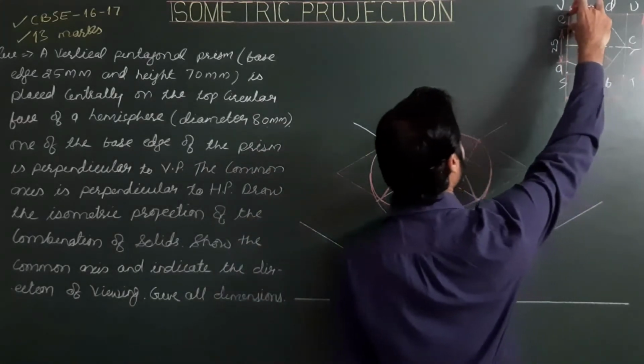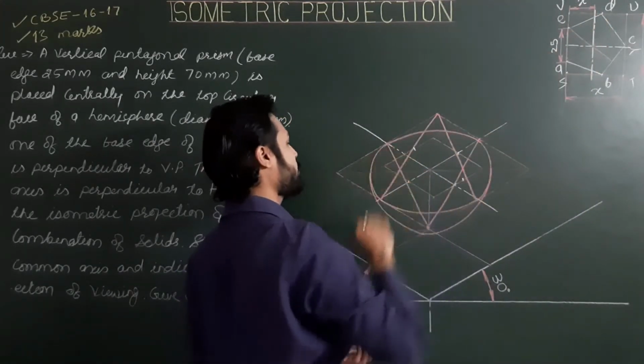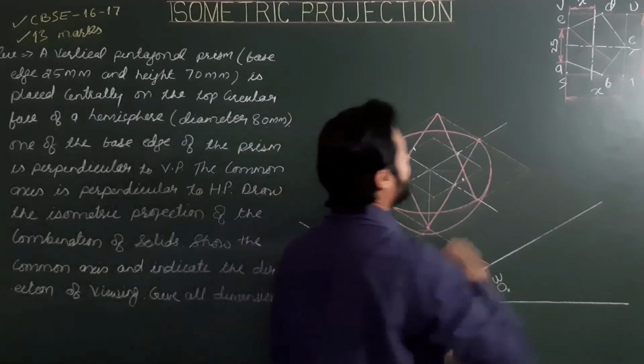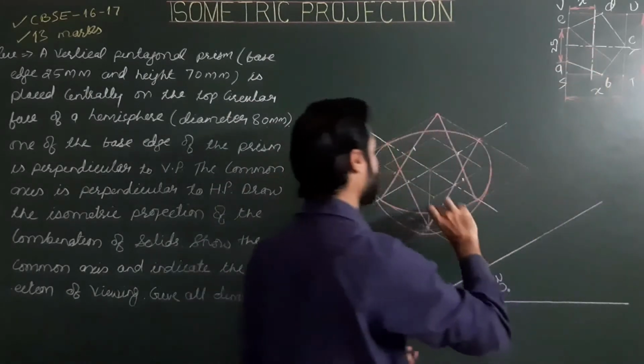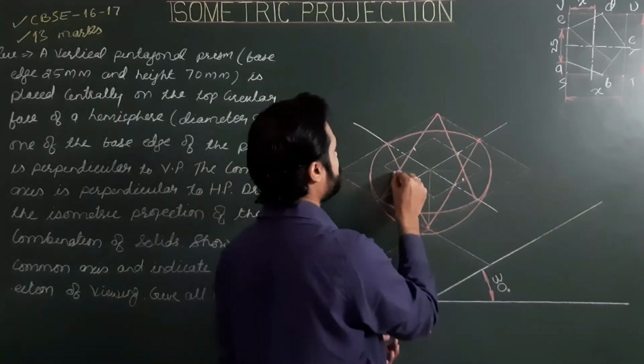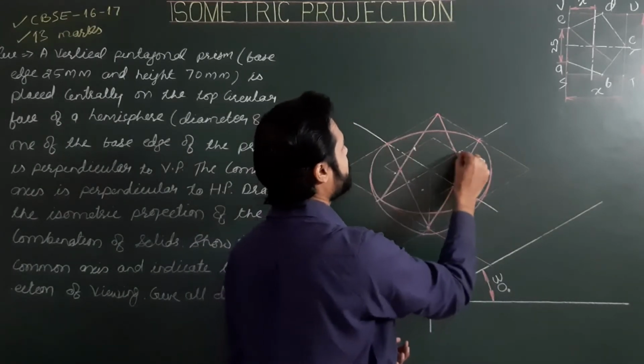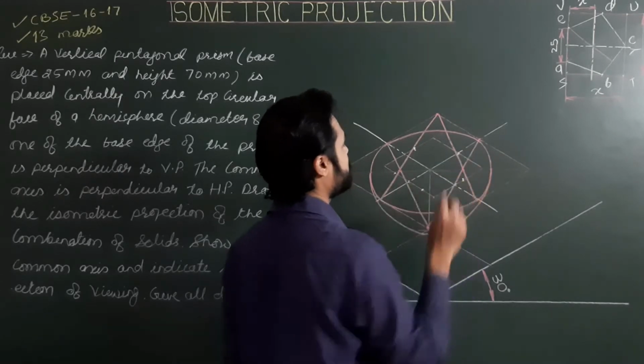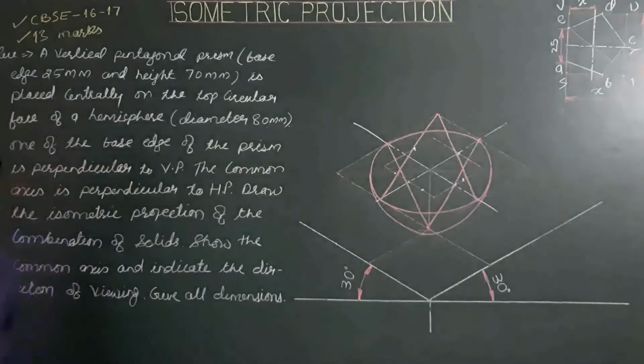Then V to E, and last S to A. So these are the 5 points of the pentagonal base.